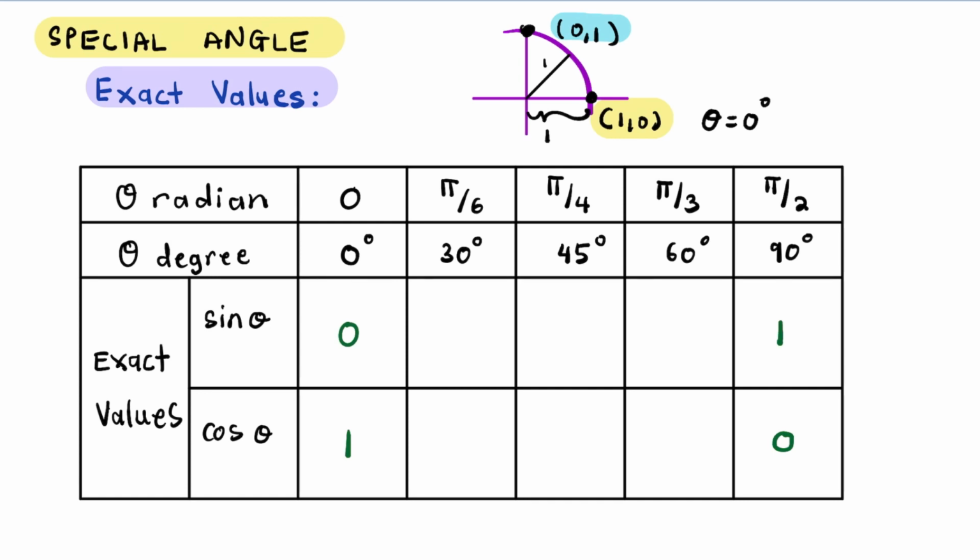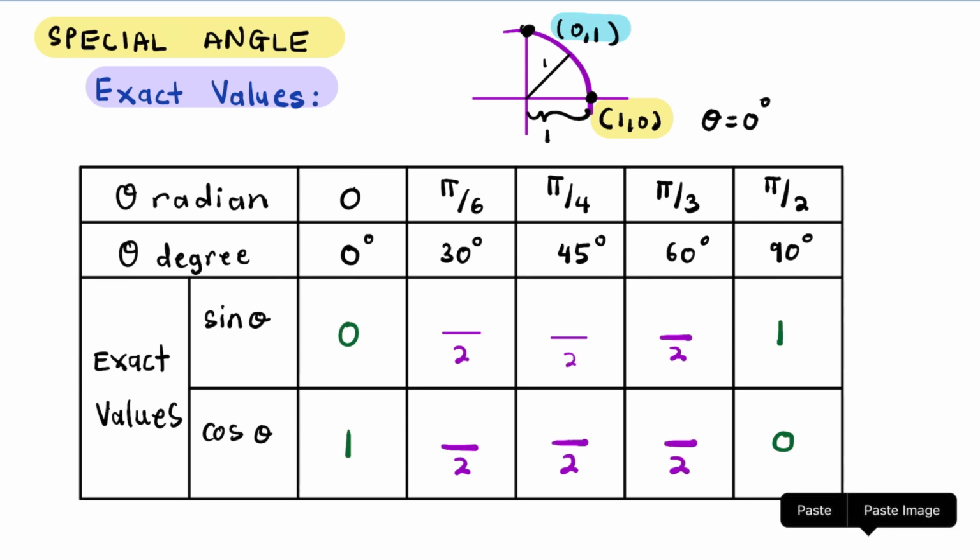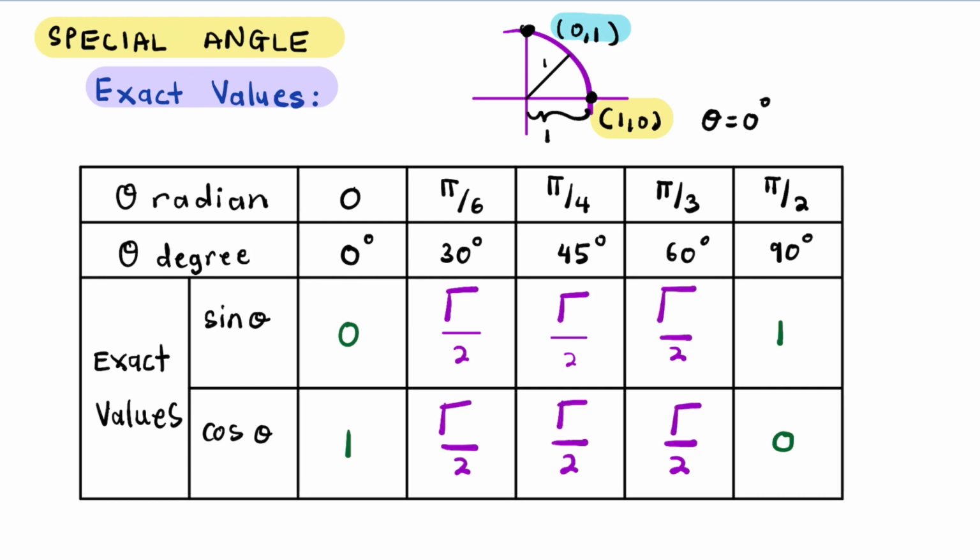I make everything over 2, and then I simply put a square root on the numerator. Starting with 0, whatever is under the square root, I increase by 1, so it goes 1, 2, 3.